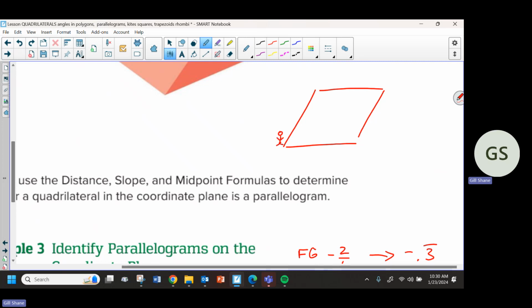I'm showing you my amazing artistic talents. If I'm walking up a line when I go from left to right, it is a positive slope. If I am walking down a line, which I don't really have one here, because over here I'd still be walking up. Let's just draw one.